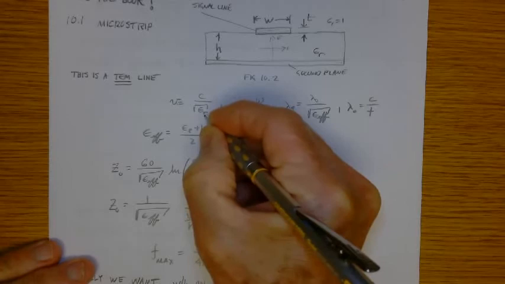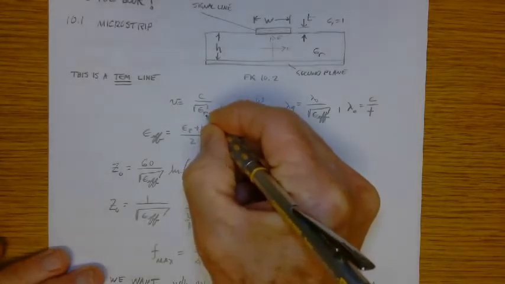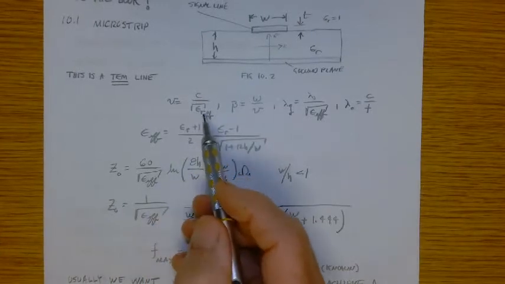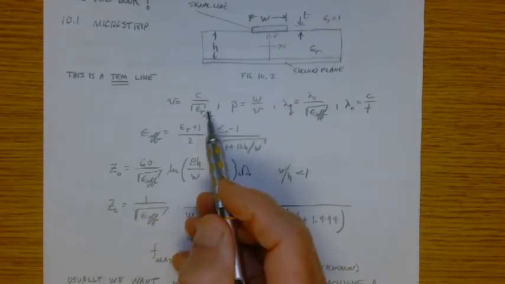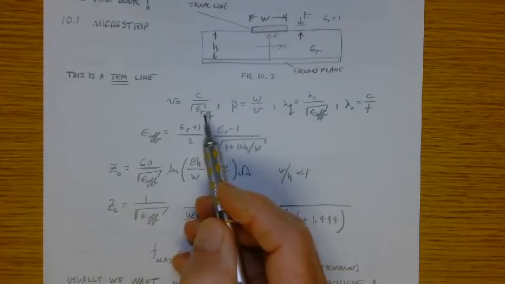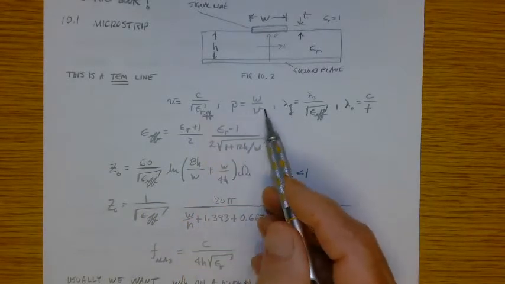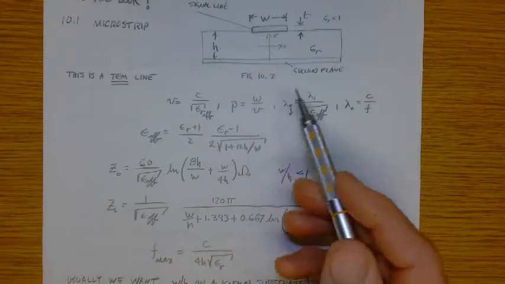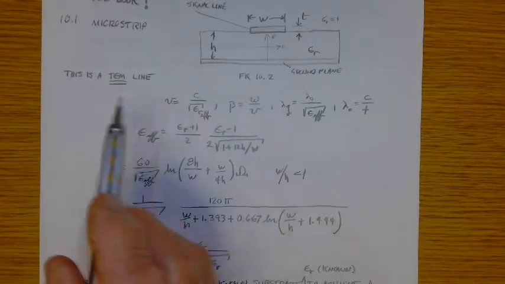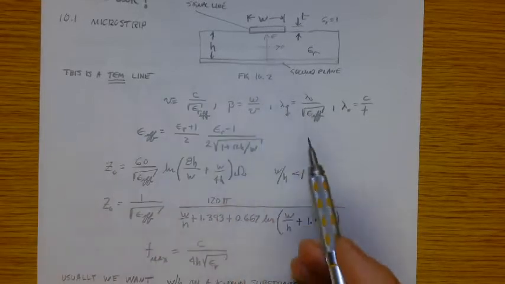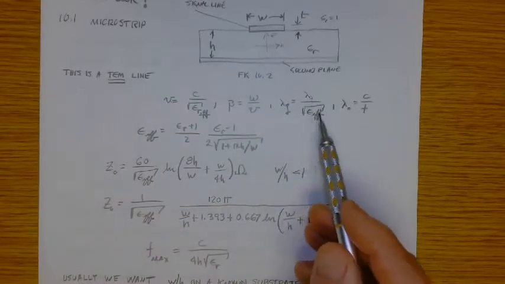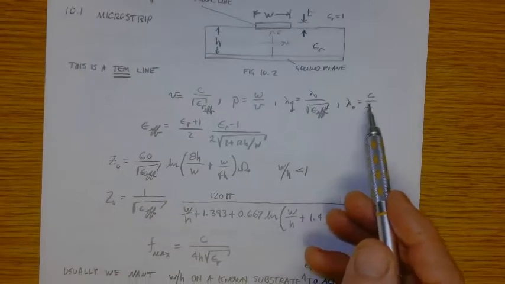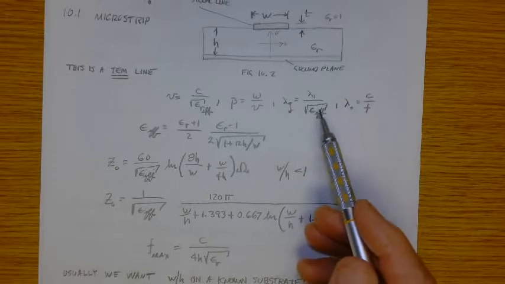This should be the speed of light divided by the square root of the relative effective permittivity, epsilon effective. Beta is omega over velocity. The waveguide wavelength, or the wavelength of the TEM mode propagating on the line, is that in air divided by the square root of epsilon effective. Lambda naught is C over F.